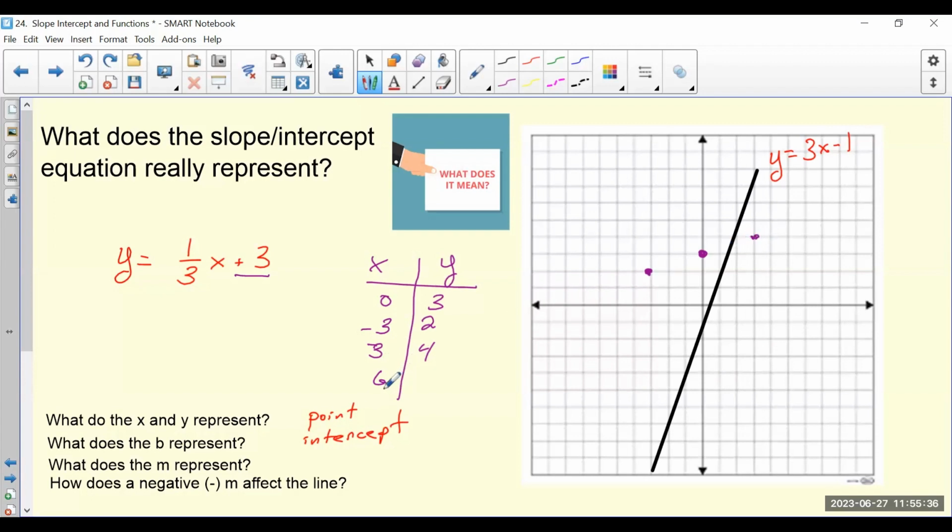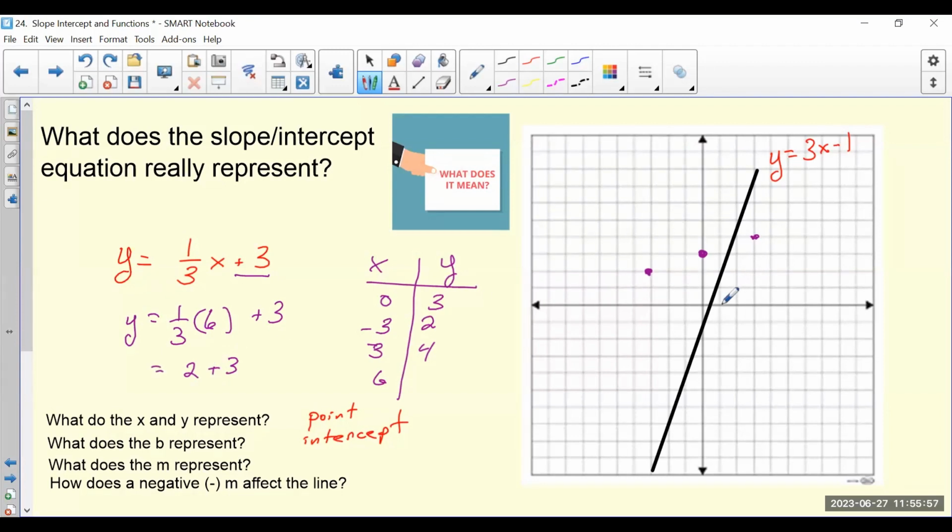Now let's try 6. If we go y equals 1/3 times 6 plus 3, 1/3 of 6 would be 6 over 3, which would equal 2, plus 3 is 5.